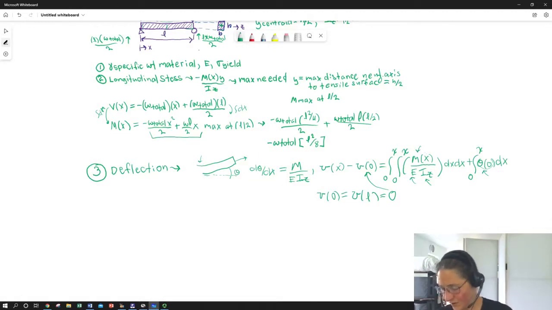So we can crank through a few integration expressions. I'm not going to necessarily walk through all of them, but what we're going to do in our case is integrate this twice, and then do some algebraic solutions with our boundary conditions, and we're going to come up with a final expression for our maximum, our V max, which will not surprisingly occur for this type of loading and support right in the middle.